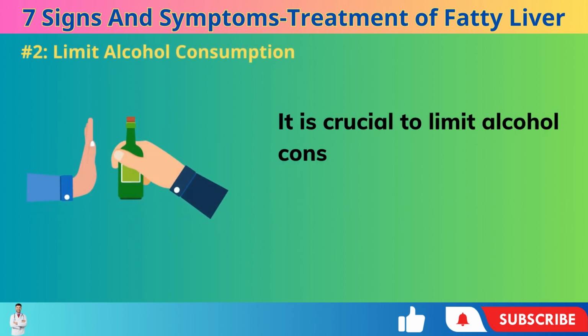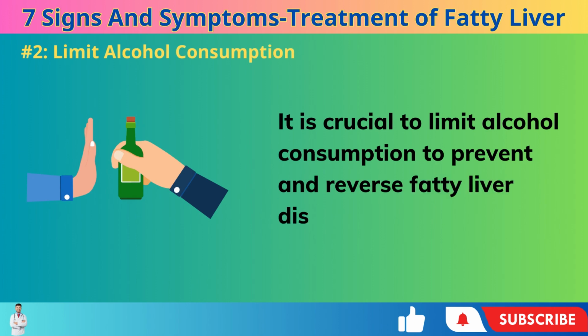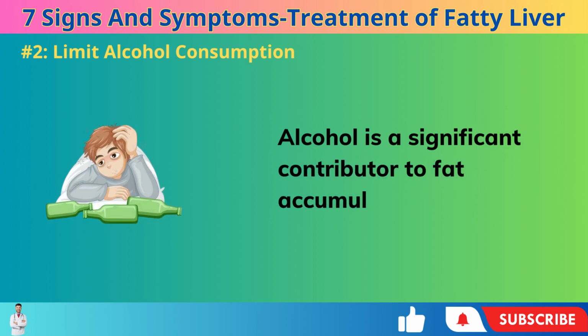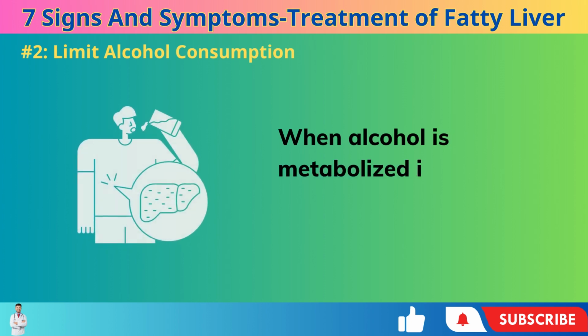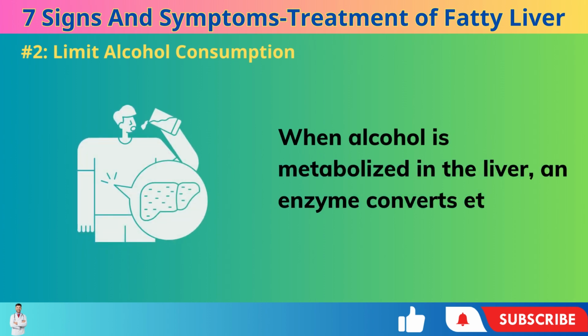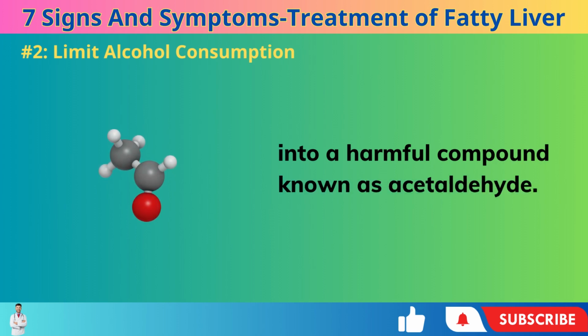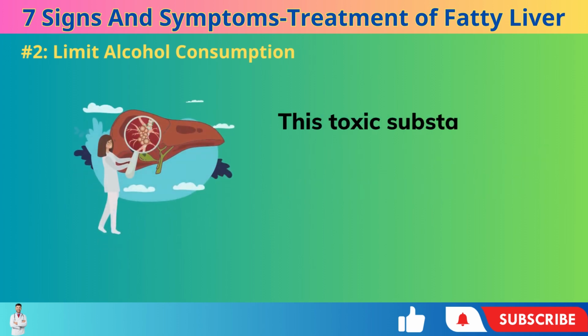Number 2. Limit alcohol consumption. It is crucial to limit alcohol consumption to prevent and reverse fatty liver disease. Alcohol is a significant contributor to fat accumulation in the liver. When alcohol is metabolized in the liver, an enzyme converts ethanol into a harmful compound known as acetaldehyde.